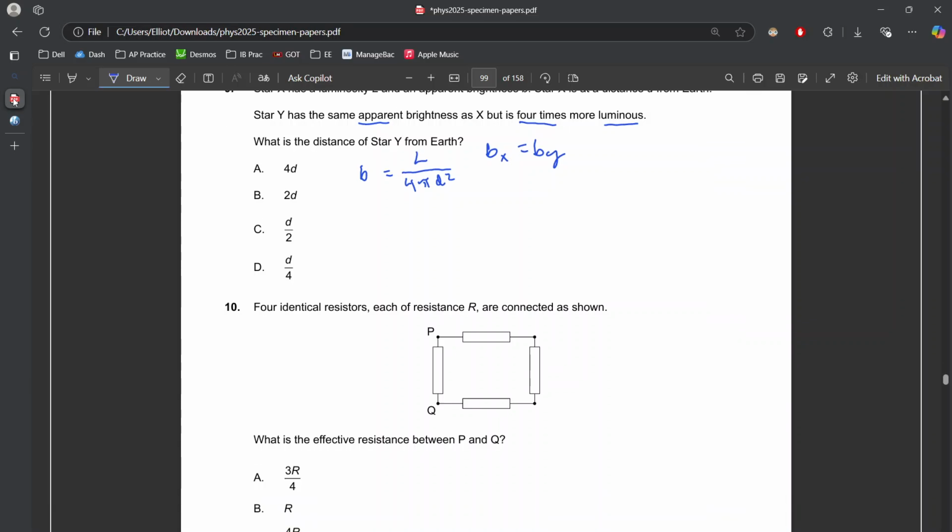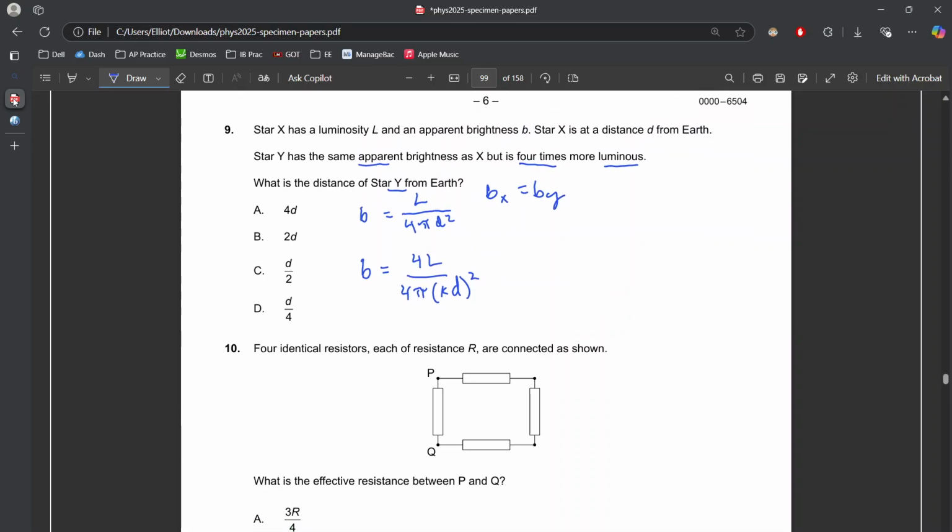And now you know that it's also equal to 4 times more luminous, so it's equal to 4L over 4 pi, and then I put parentheses, and I'm going to call this k d squared, where kd is the distance of star Y, where k is just some constant that tells you how much you need to multiply the distance that X is in order to get the distance that Y is.